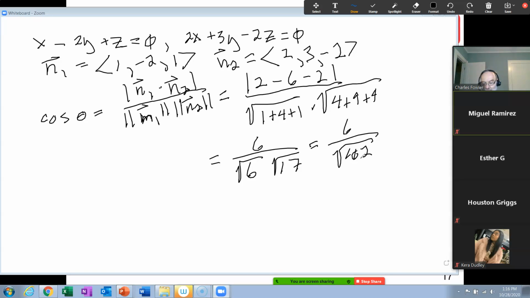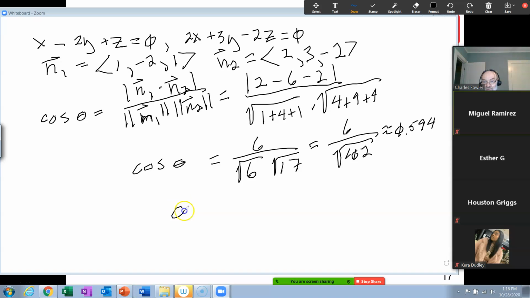I have to enter the 102 first, then do the square root of that, and then press equal. Okay, now what I've got there is approximately 0.594. Now I've rounded. And that's the cosine of this angle in between.